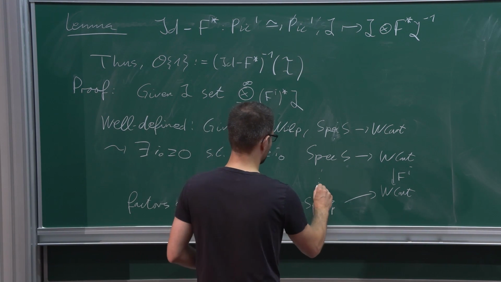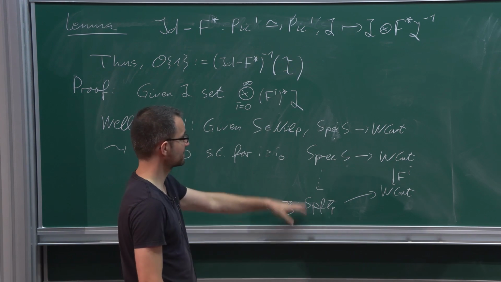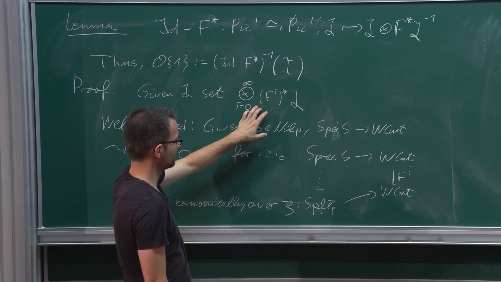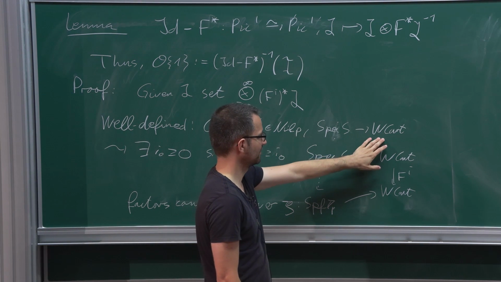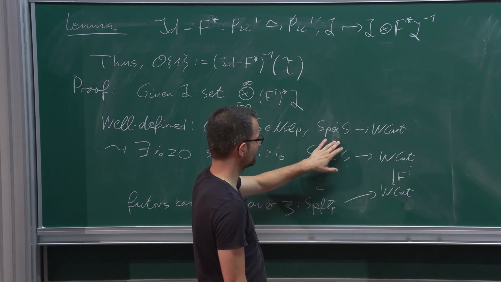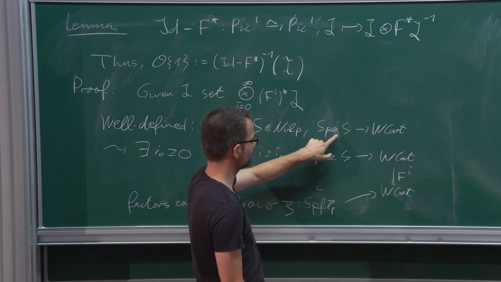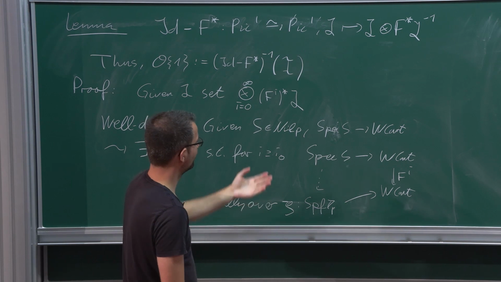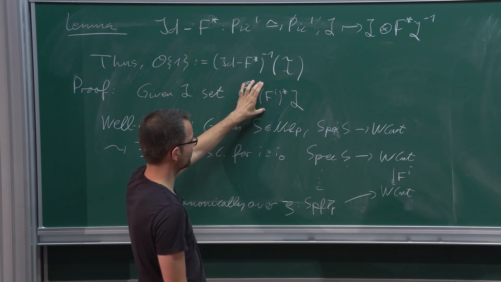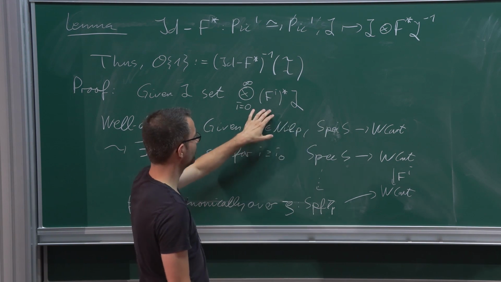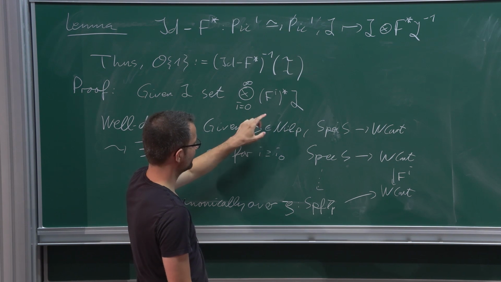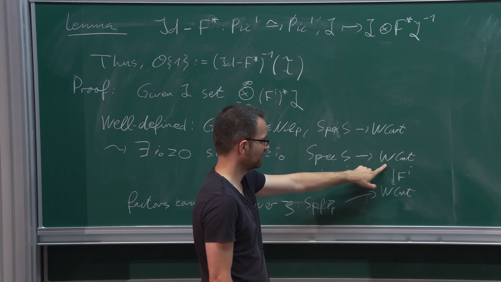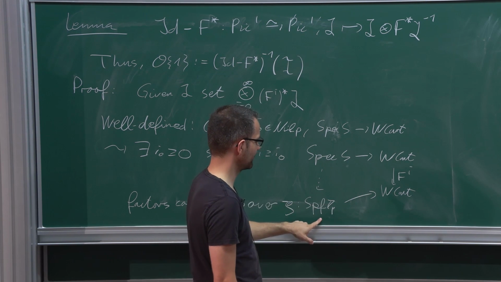And so why does this imply the well-definedness of this infinite tensor product? To give a line bundle on W card is equivalent to giving a line bundle on each S, compatible with pullback. And so we have to make sense of a pullback of this line bundle to S. But you see that if i is sufficiently large, this pullback along the i-fold power of Frobenius will canonically factor over here.